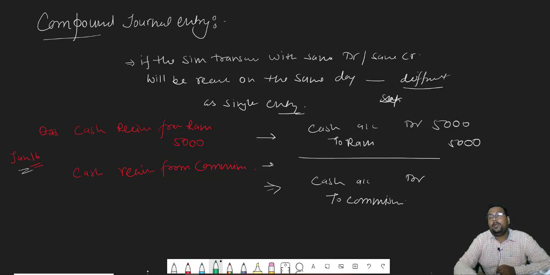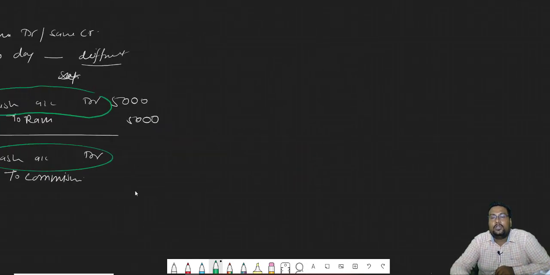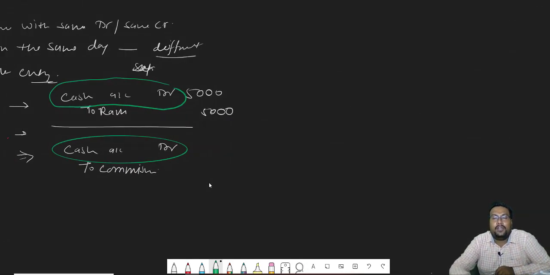Now you can see both transactions take place on the 16th, so what is common? Both have cash, and both have cash on the similar side: cash account debit, cash account debit. So now instead of writing different transactions separately, we can write them combined.